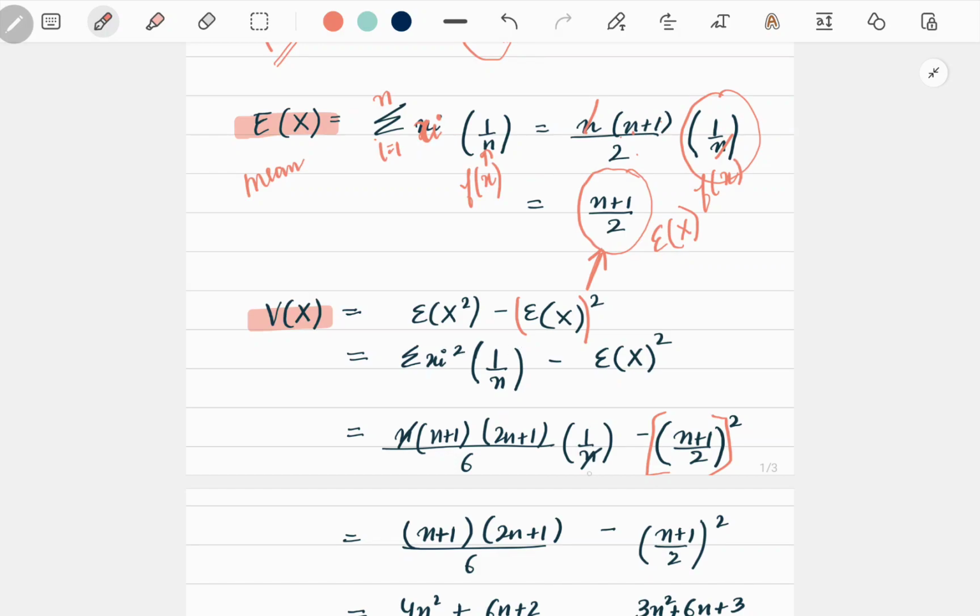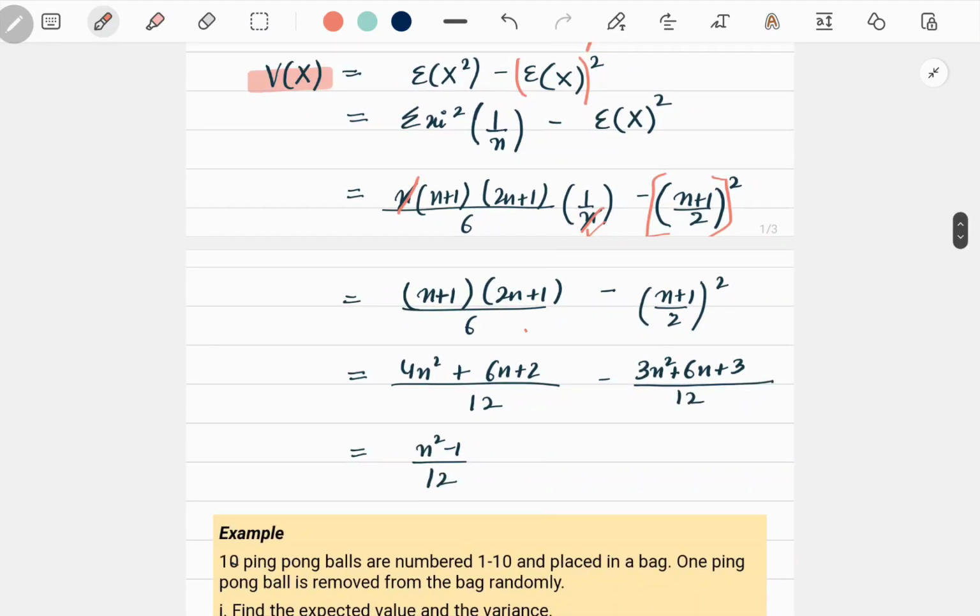If we take 1 upon n outside, the summation of xi square is nothing but n into n plus 1 into 2n plus 1 by 6. So n and n get cancelled out and we finally have this value. When I multiply these two and take the LCM, we finally have this as the value. You can do the calculations yourself and check it. So this is what we get as the variance of x.